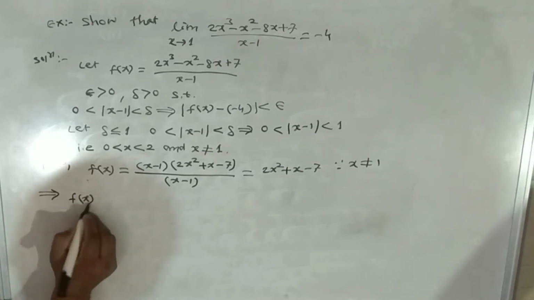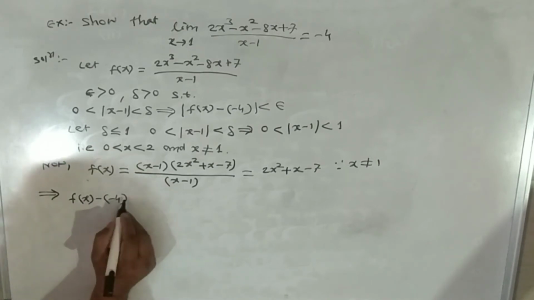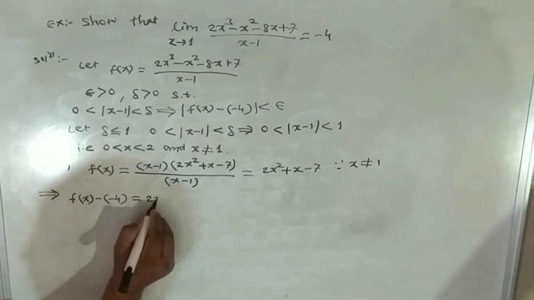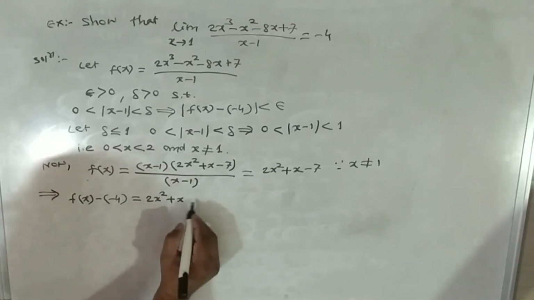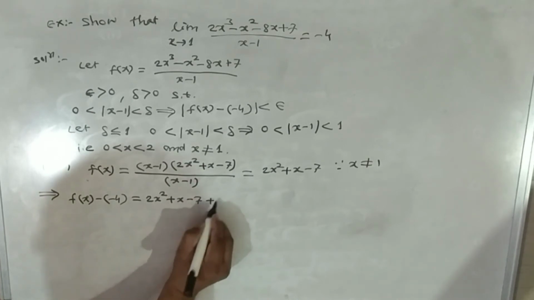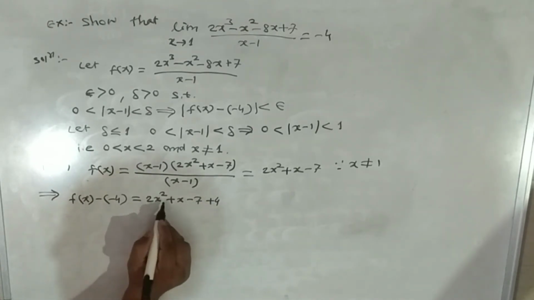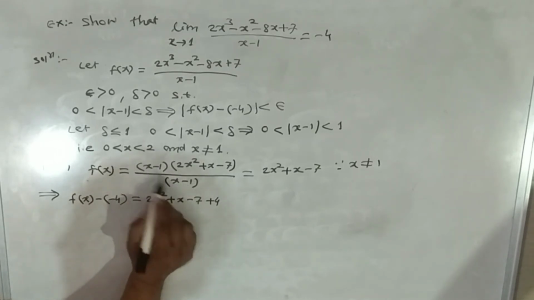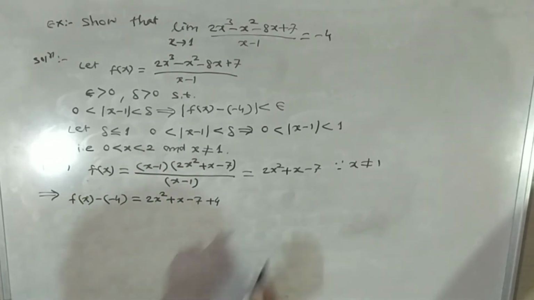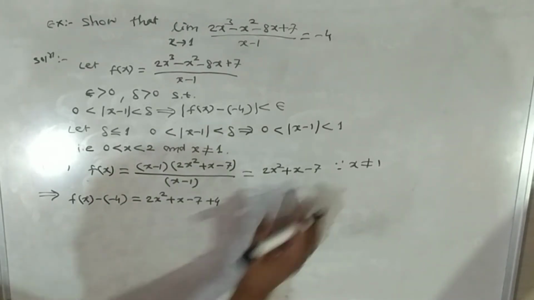Therefore this implies that f of x minus 4 is equal to 2x square plus x minus 7 plus 4. This minus will be plus, and f of x is this 2x square plus x minus 7, since x minus 1 is cancelled.